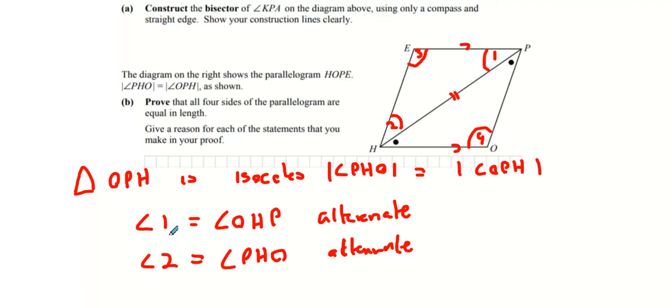So we have angle 1, so if you will, blue 1 equals blue 1. Angle 1, green 1 equals green 1. Now we proved the side in between, we can get an ASA for both triangles, okay? So next we can say is that PH equals PH, common side.